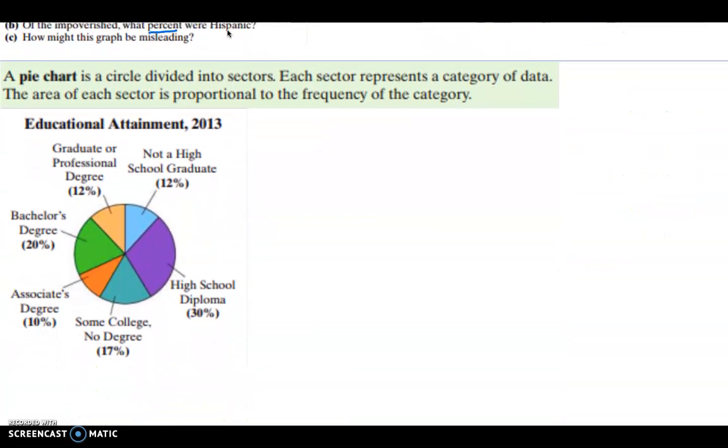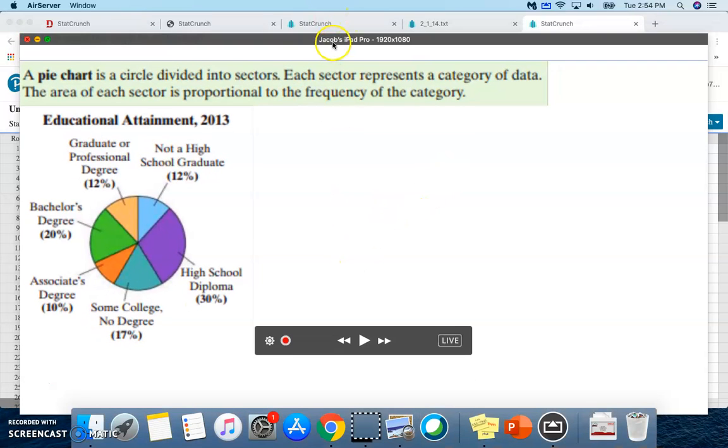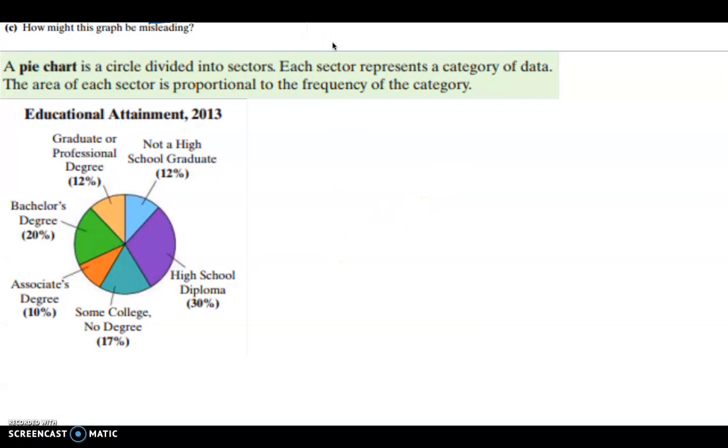Okay, the next little piece here is looking at pie charts. Again, pie charts, hopefully it's not anything new to you. I don't expect you to draw perfect circles and break everything down, perfect angles and those kinds of things.